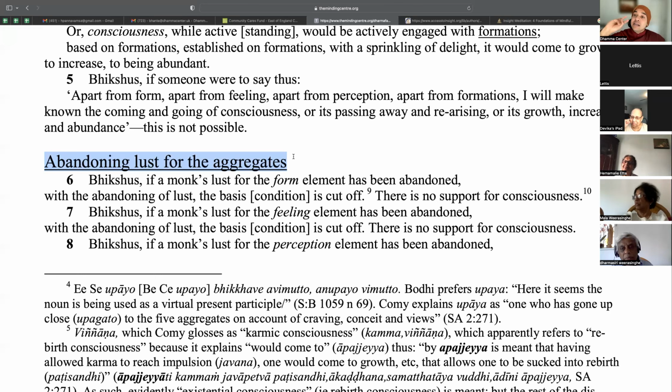Because the mind lusts for that form, Rupa Vedana Sanya Sankara. Now knowing and identifying that this lust has arisen, we come back and settle and say, no, I have things to do. What is to be done?